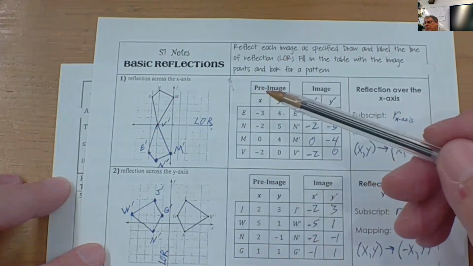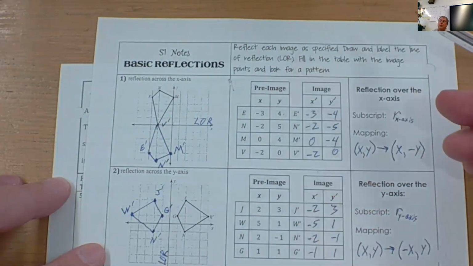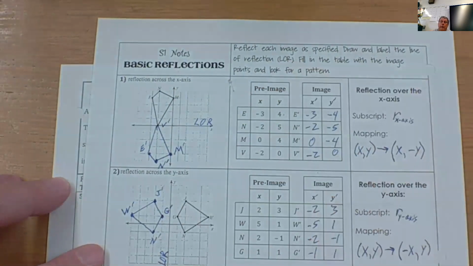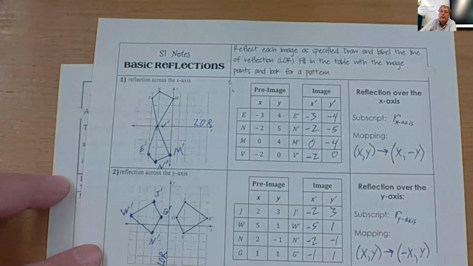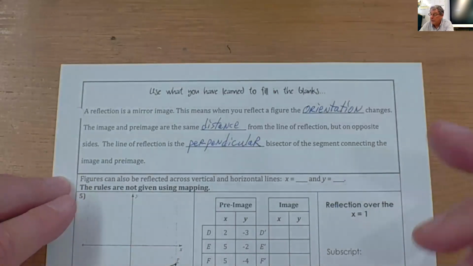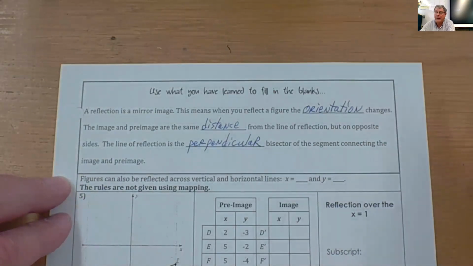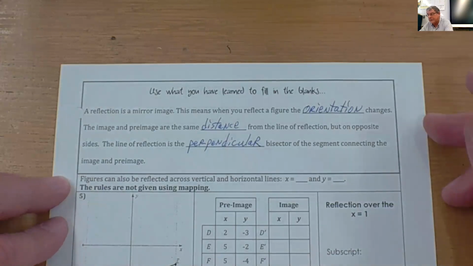Bisect means to cut into 2 equal pieces. Again, that's something we'll talk about a lot more when we do our geometry unit. And you can see here also, see, halfway, halfway. One on the other side. If we were to draw the line connecting them, it would be perpendicular to your line of reflection and equal on each side. So it's a perpendicular bisector of the segment connecting the image and the pre-image.